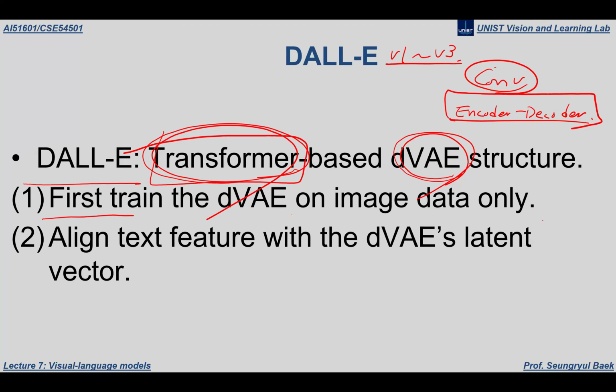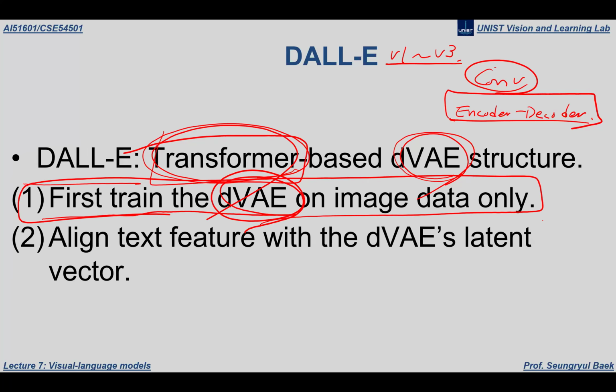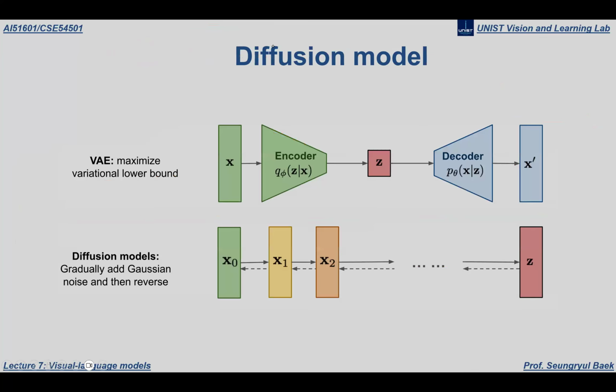They train this VAE on image data only: the image is fed to the encoder, mapped to a feature, and the feature is mapped to the image again, and they apply the original image as the supervision to the output of this VAE.